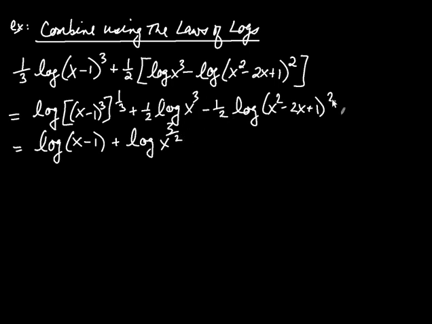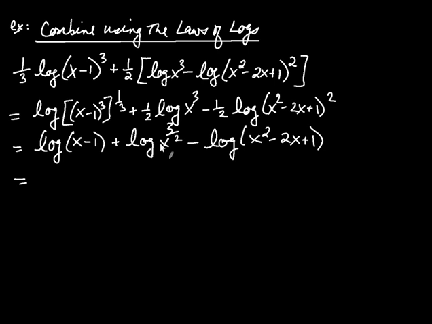Here, the 1/2 and the 2 are going to cancel, because it's 1/2 multiplied by 2. So we write minus log of x squared minus 2x plus 1. The 2 comes up, and the 2 times the 1/2 gives an exponent of 1, which we don't write.